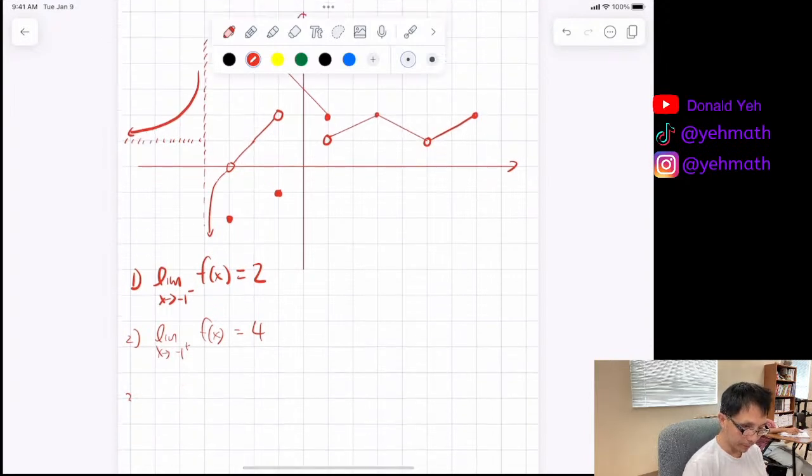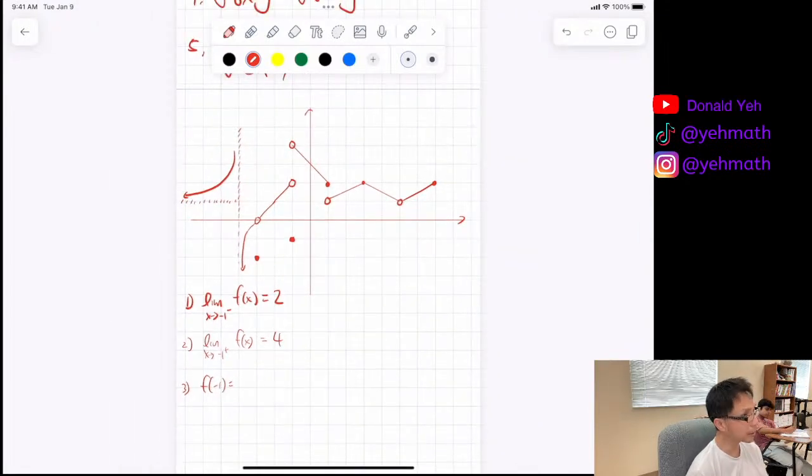Third thing. How about what is f of -1? Omar? Yes, it's the black dot.